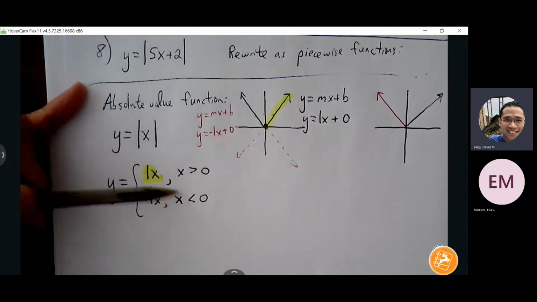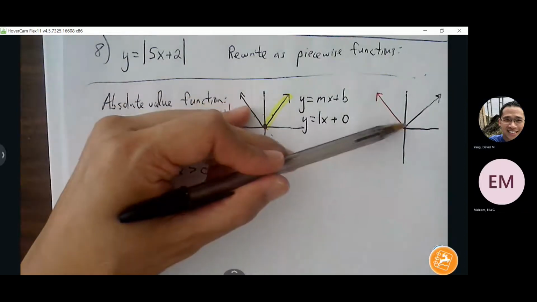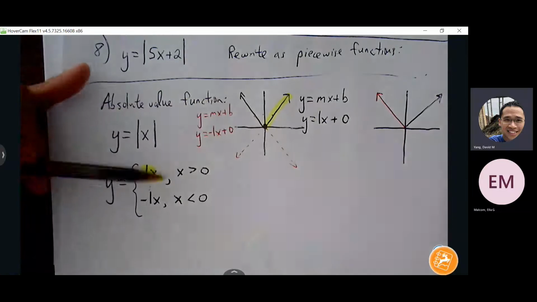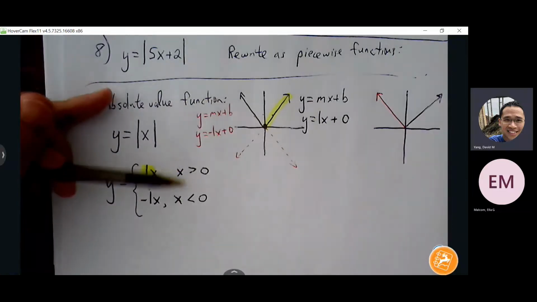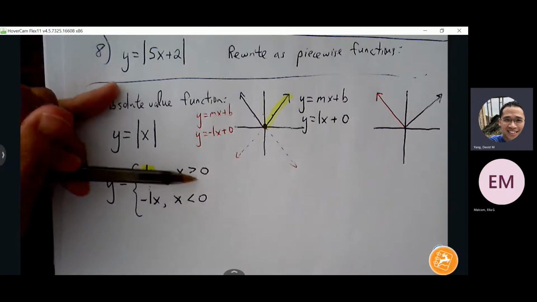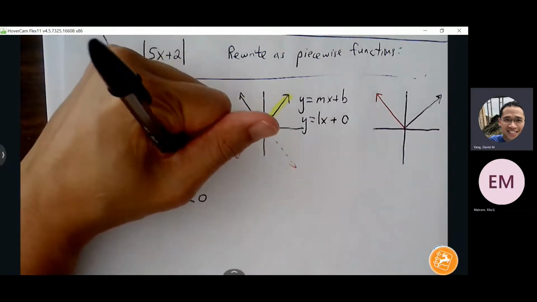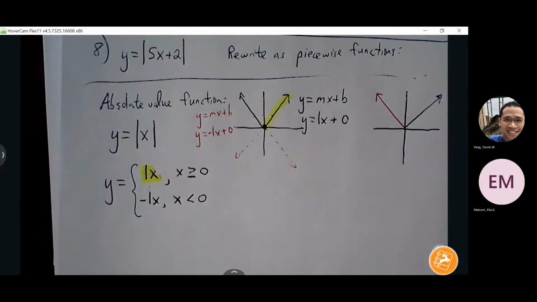Because right now, if we just left it in this form, there's going to be a big gaping hole at 0. However, these graphs are both meeting at the same point, so it really doesn't matter where you put the equal sign. You could put it here, you could put it here. Just choose one, and that will get the full picture.